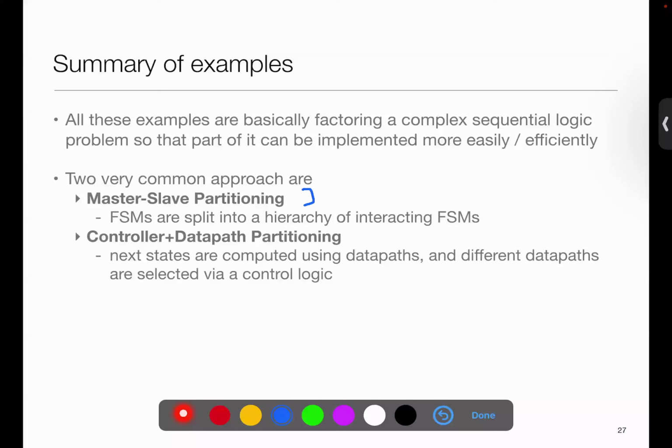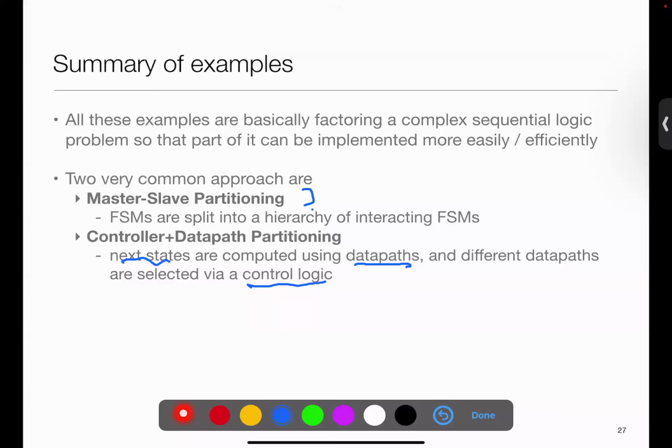One finite state machine is acting as some sort of a superior to the other one. Controller data path partitioning. In this case, the next states are being computed using the data path, but data paths are being controlled by some sort of a control logic, which in itself could be a traditional finite state machine with state graph and all.